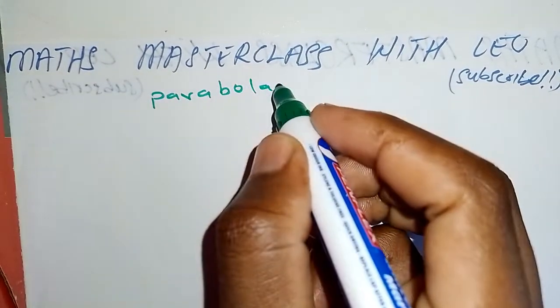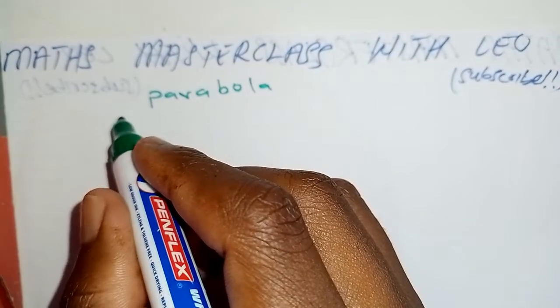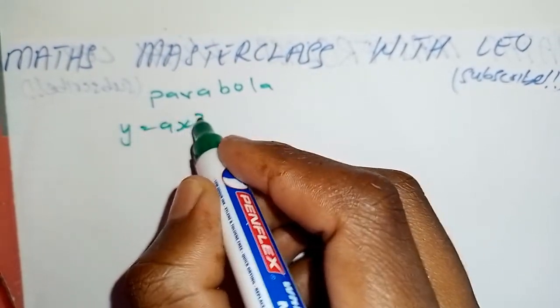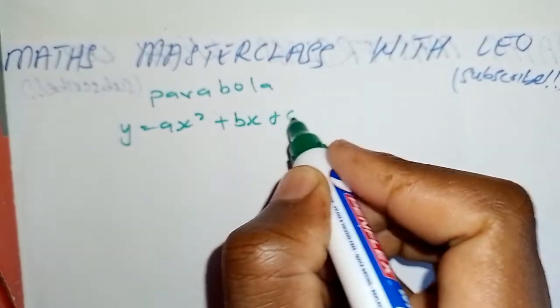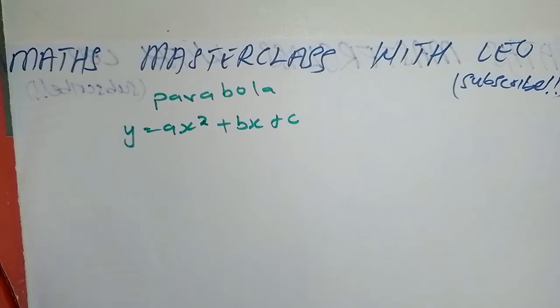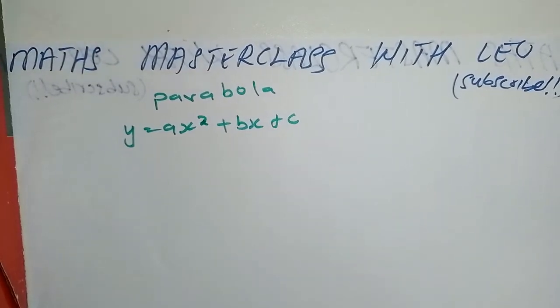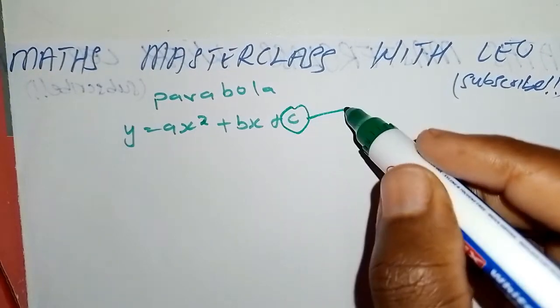A parabola, right? We all know the general equation for a parabola, which is y equals ax squared plus bx plus c. What I forgot in the previous function is this, c, a constant.